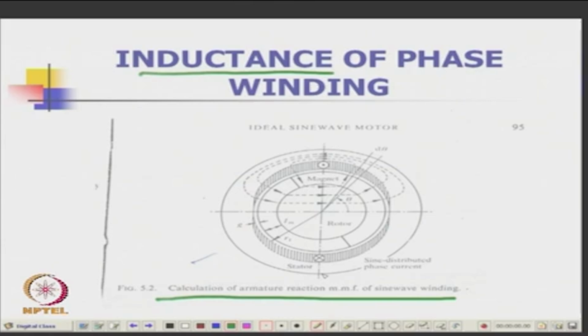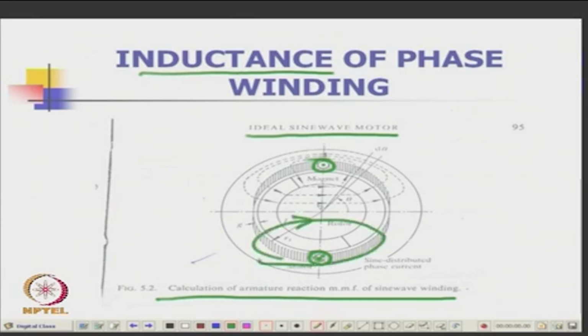So you have an ideal sine wave motor, and you pass a current through it, and it will produce a flux like this. That flux per pole has to be calculated because of this current.